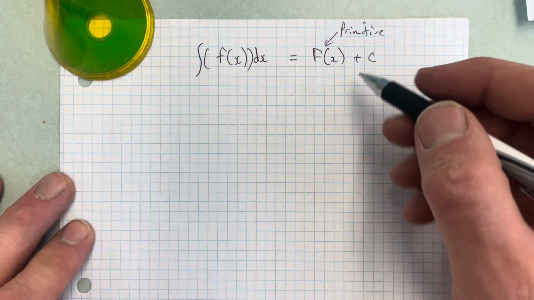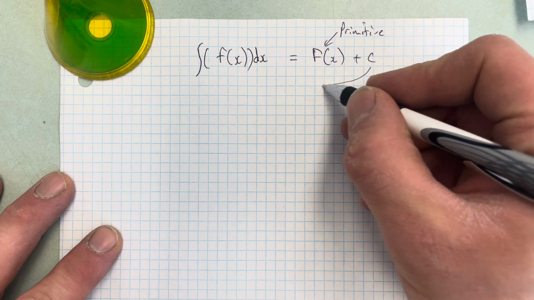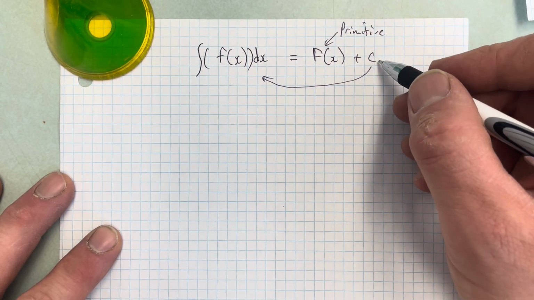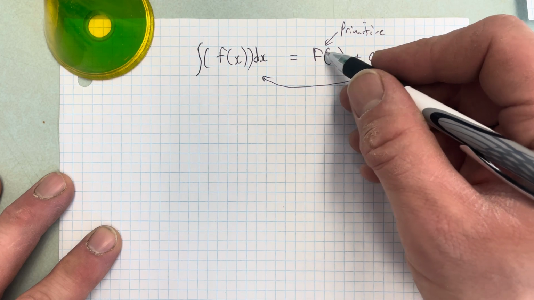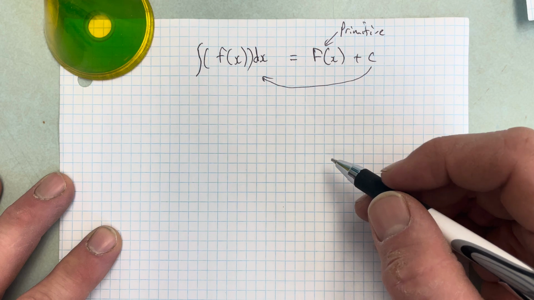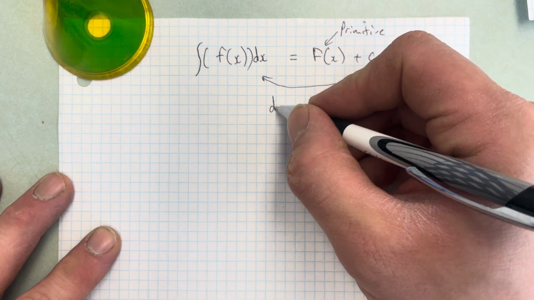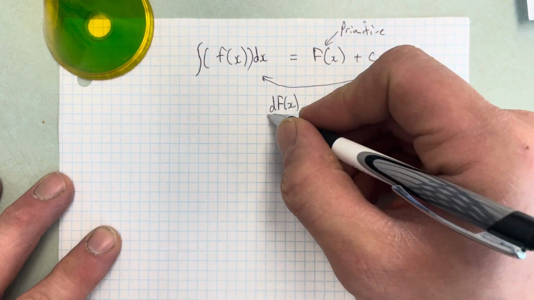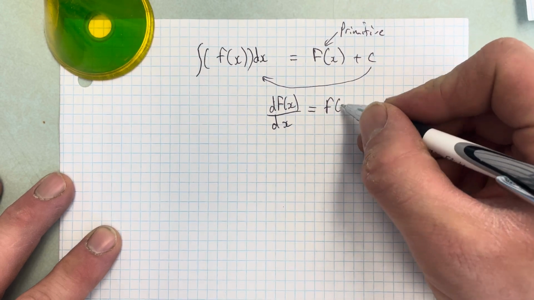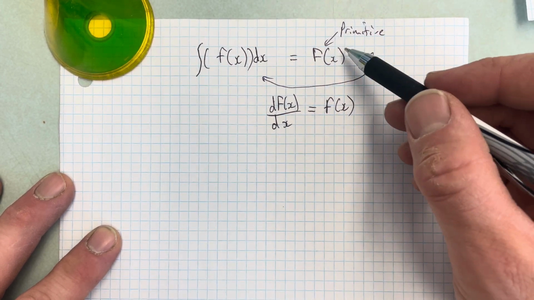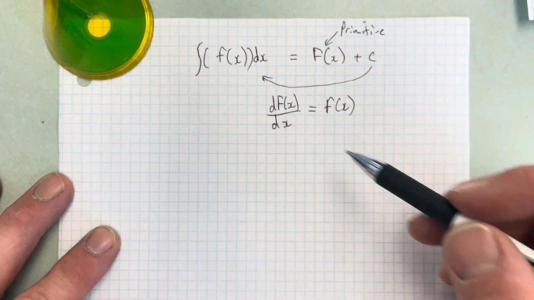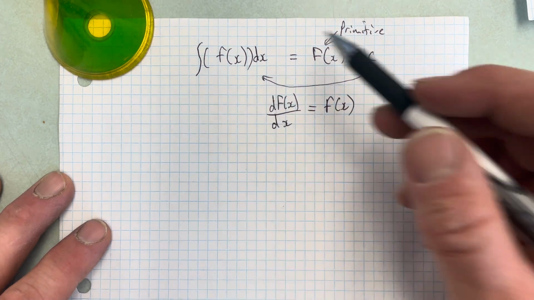When we reverse the process and differentiate, the c goes to 0 because the rate of change of c with respect to x is 0, and the derivative of the primitive is lowercase f of x. In other words, dF/dx would be equal to f of x. And this is what it means to be a primitive: the derivative of the primitive is the expression itself. So this is just working backwards.